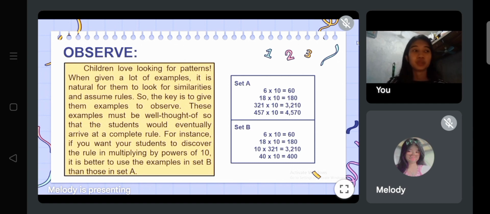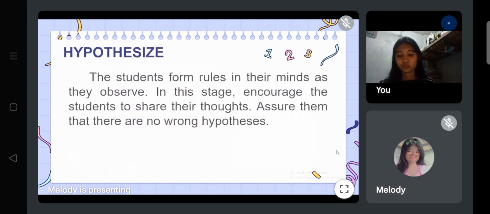Next is hypothesize. In this stage, the student will form rules in their mind as they observe. Encourage the students to share their thoughts. Assure them that there are no wrong hypotheses.